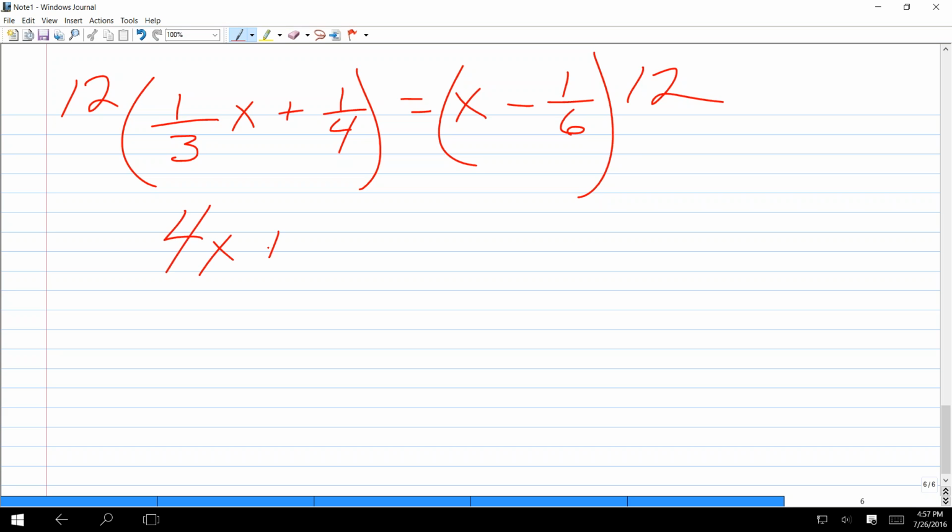And what is 12 times 1/4? 3. And now what is 12 times x on the right side? 12x. And what is 12 times minus 1/6? -2. Now, this is what our equation has turned into.